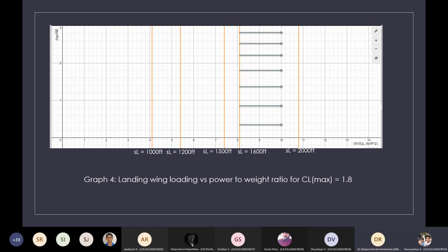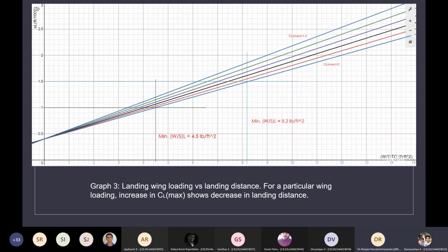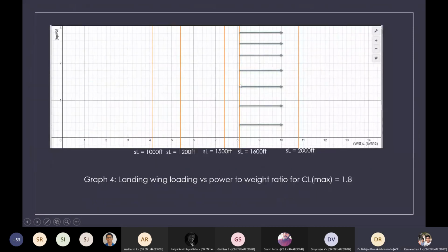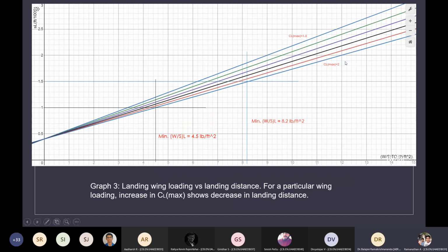Yes, sir. It's a bit confusing. Those bars, what do they mean? Sir, from this graph we can say that for CL max 2, to fly with 1,500 feet as landing length, you need a minimum wing loading of 8.2 pounds per square feet.